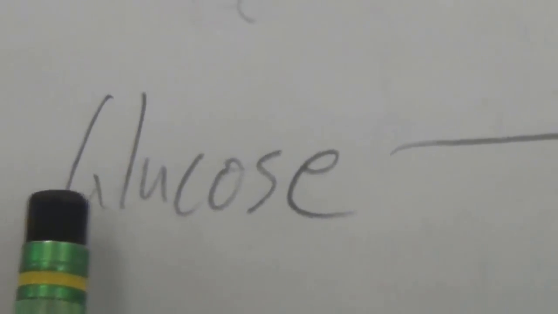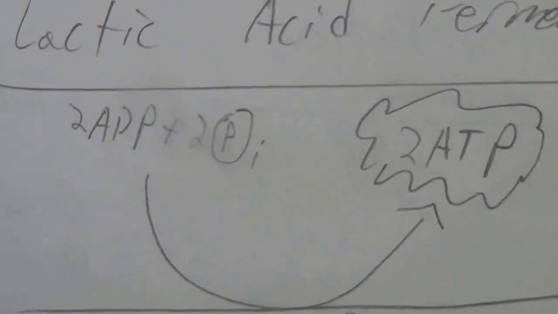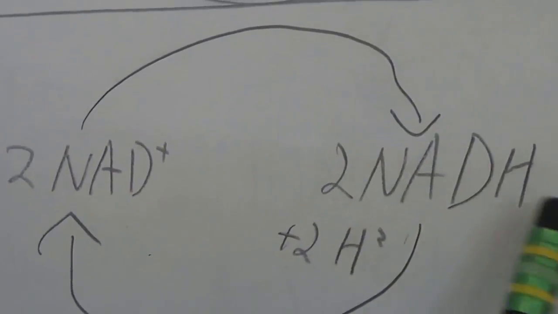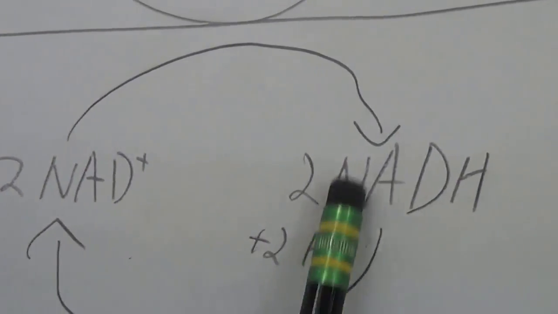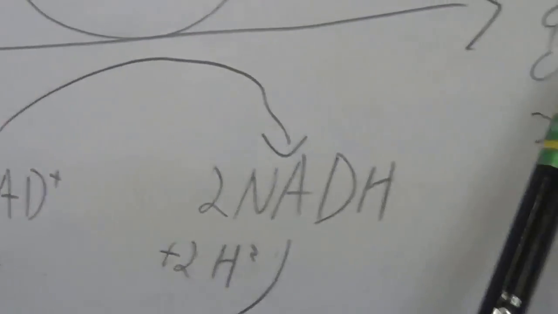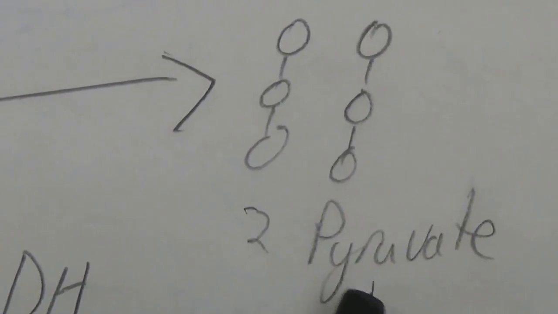So lactic acid fermentation is really similar to alcohol fermentation in that it uses substrate level phosphorylation to break down the glucose through glycolysis, producing 2 ATP per glucose molecule. 2 NAD pluses are reduced to 2 NADHs, also releasing 2 hydrogen ions, and producing 2 pyruvate, 3 carbon sugars.